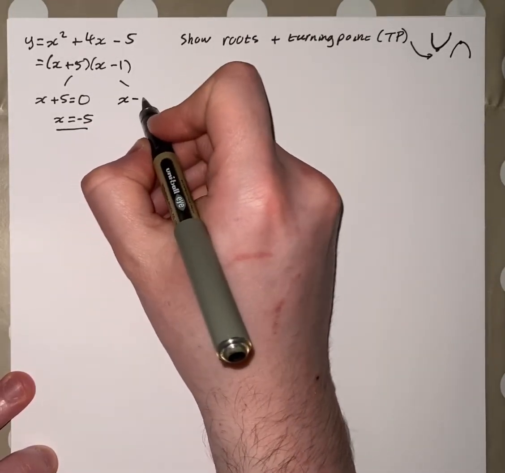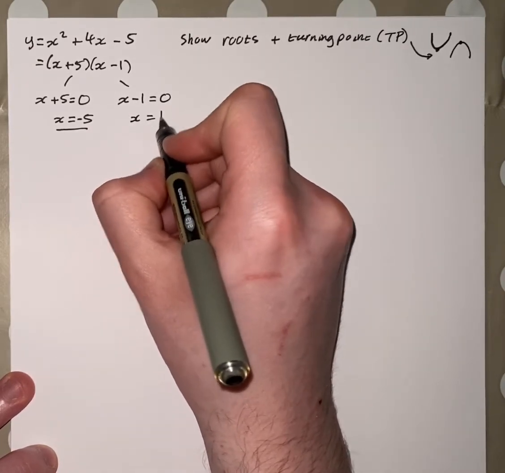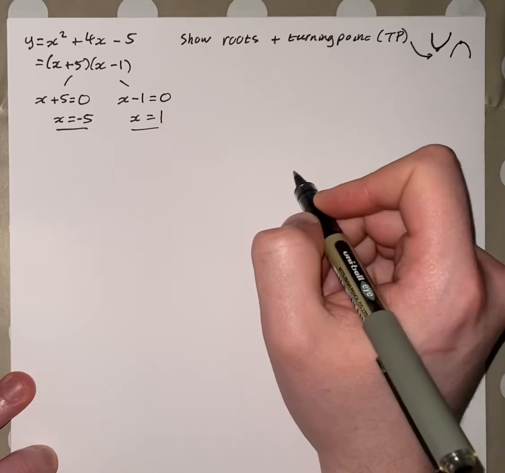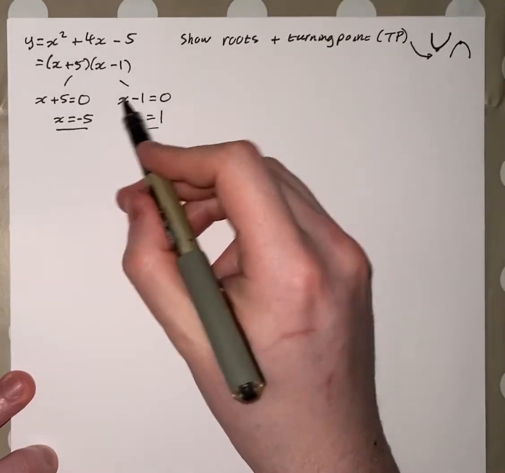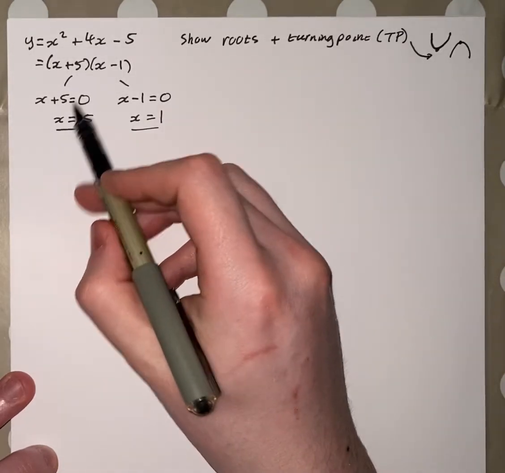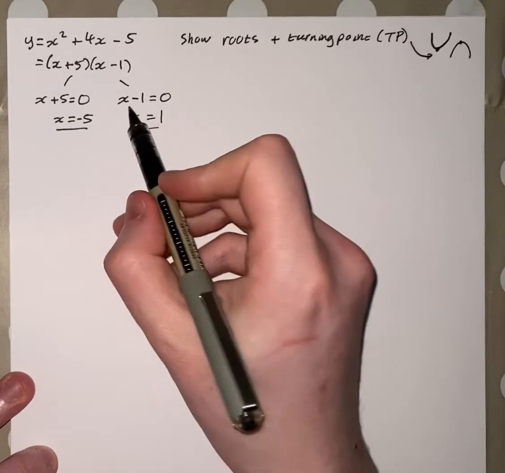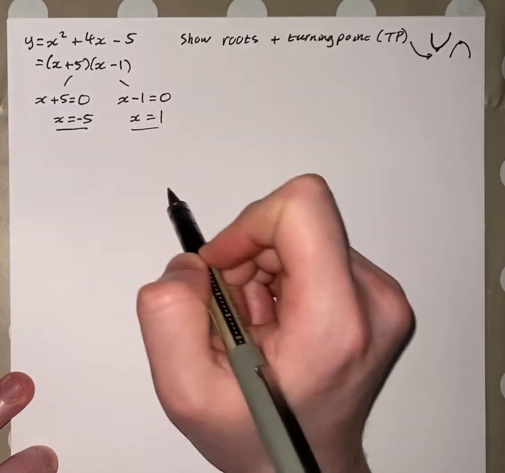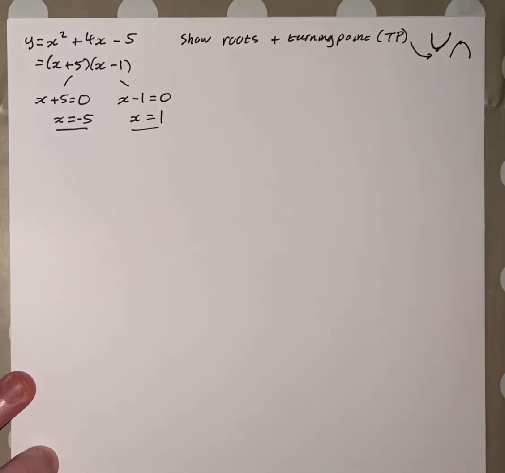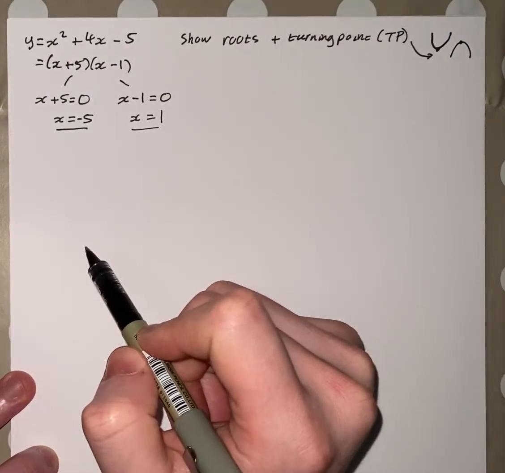And for the second one, x minus 1 equals 0, so x must be 1. We're just saying, what does x have to be for this whole thing to equal 0? Usually, that just means looking at the number and changing it to a negative or a positive, but sometimes it's a wee bit more involved. So setting it up equal to 0 and then solving the equation will always keep you right. Now, these values here are what we call the roots.